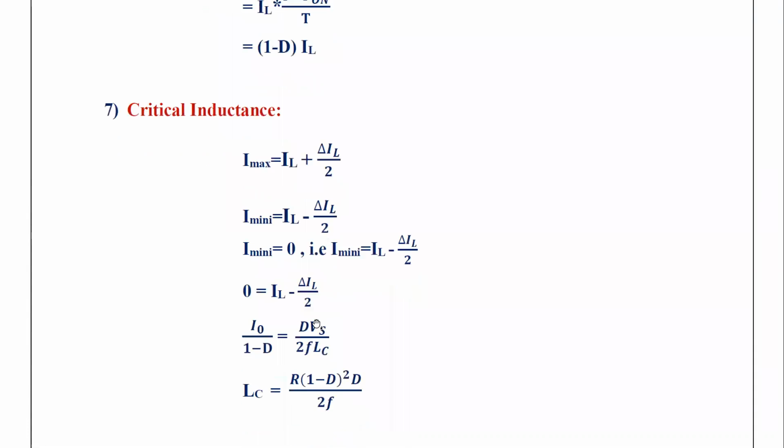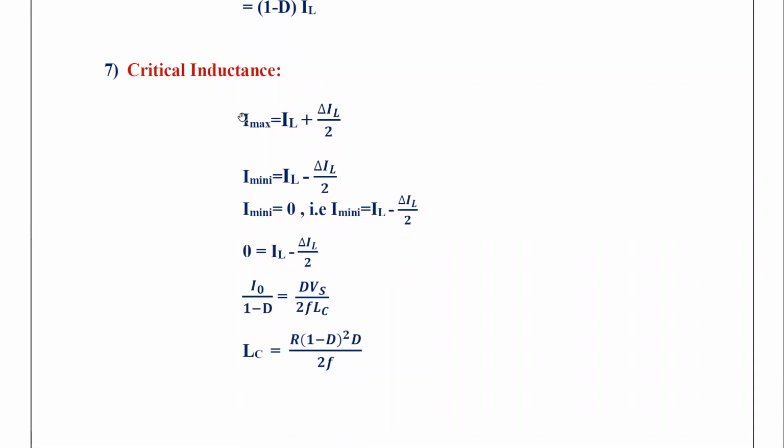The critical inductance and critical capacitance values can be calculated from boundary conditions. As you are taking the boundary condition, you have to take the minimum current as 0. Therefore, from the minimum current condition, I minimum is equal to IL minus delta IL by 2, which can be equated to 0. Therefore, you will get IL is equal to delta IL by 2. IL can be written as I naught divided by 1 minus D, which is the average inductor current.